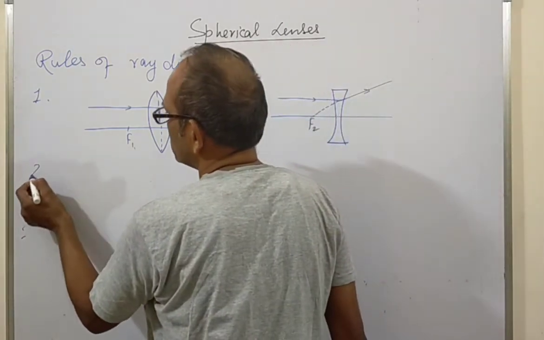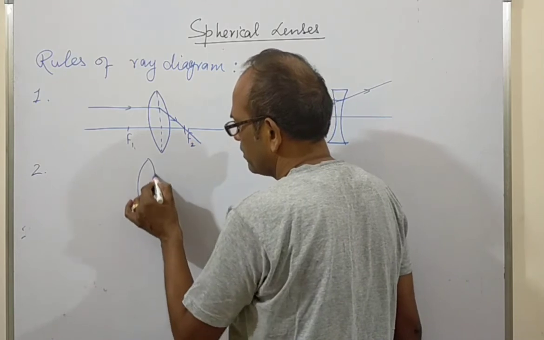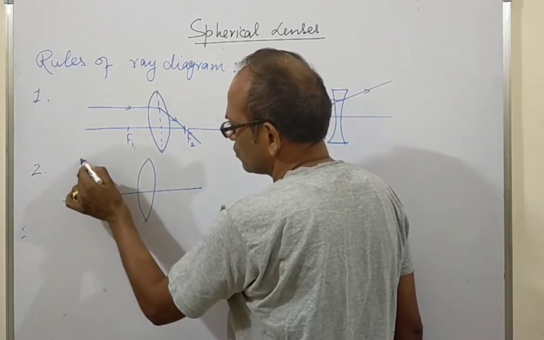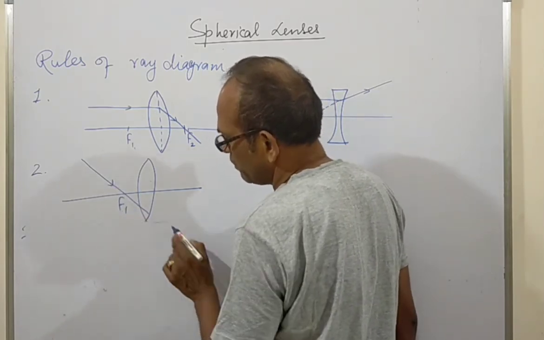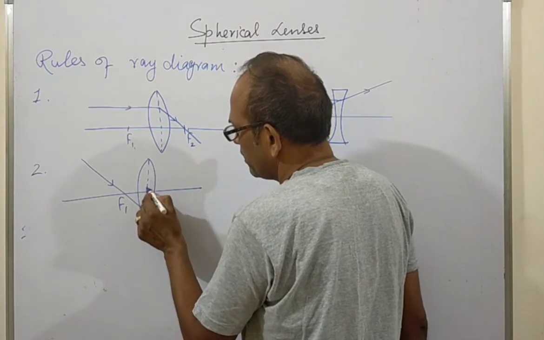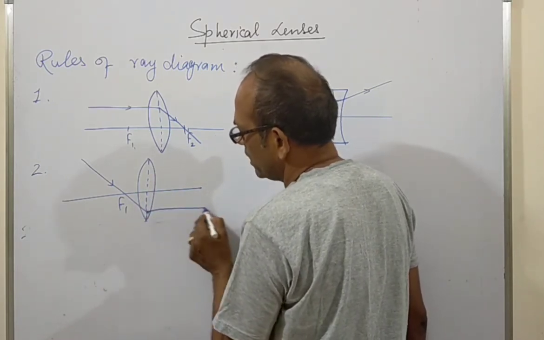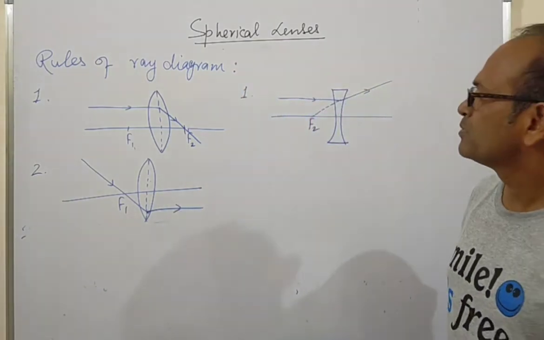Second rule, students: if the ray of light passes through the first principal focus, then after refraction through the lens, it becomes parallel to the principal axis.